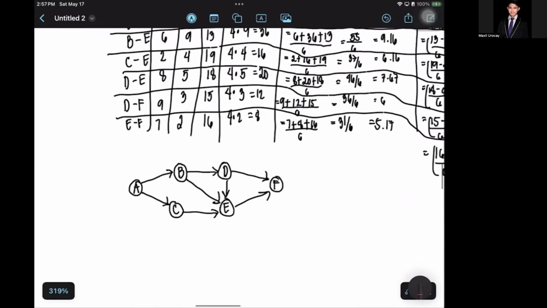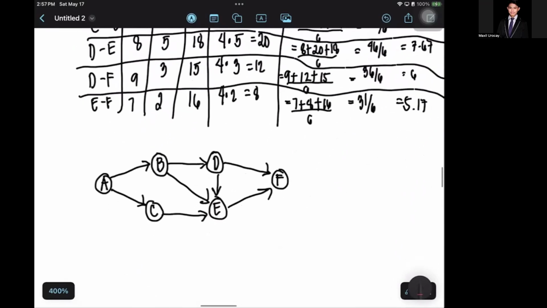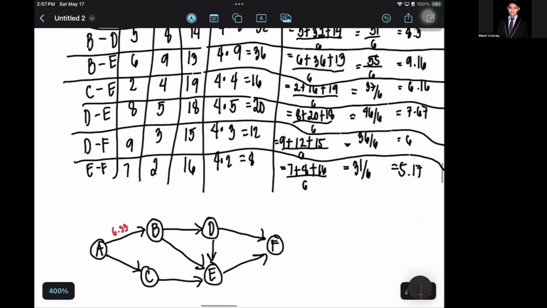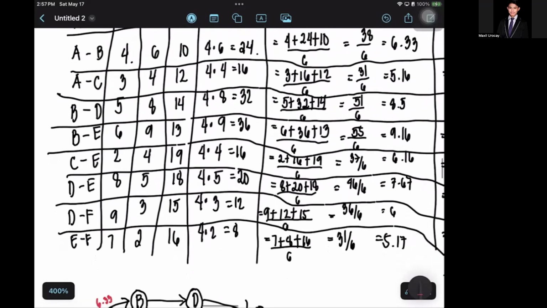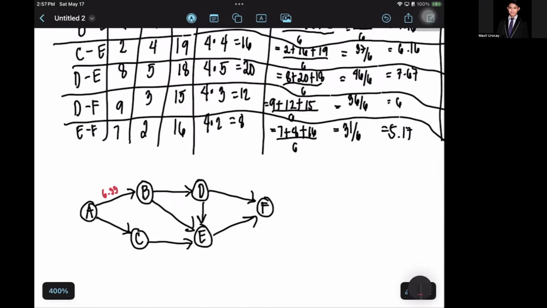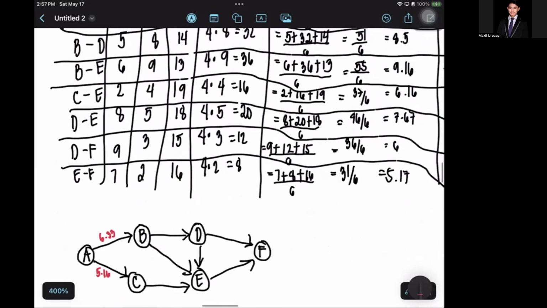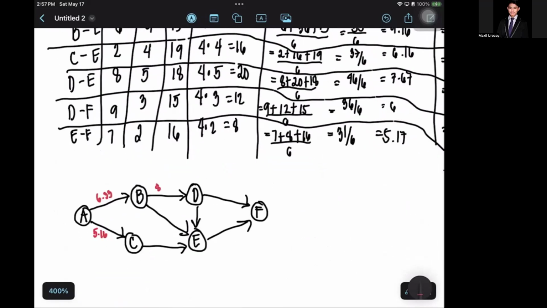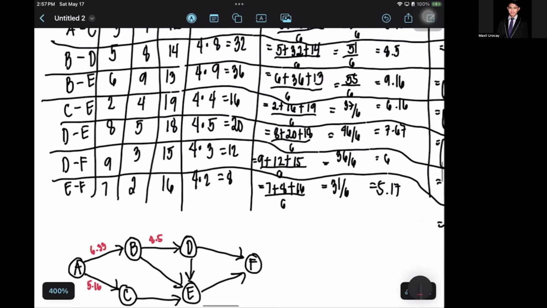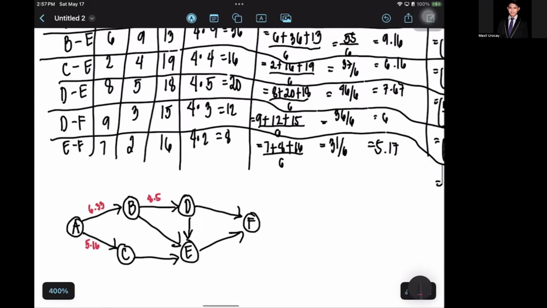6.33. Then A to C is 5.16. Then B to D is 8.5. Then B to E is 9.16.